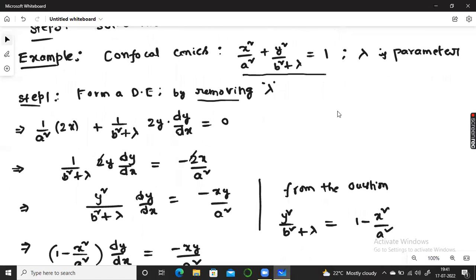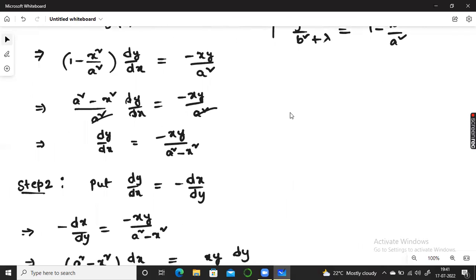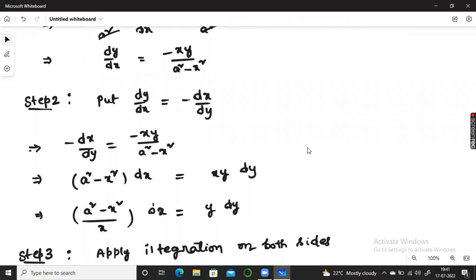In the second step, we replaced dy by dx with minus dx over dy, because dy by dx is slope m1, minus dx by dy is the other slope m2. m1 into m2 should be equal to minus 1 in order to make them perpendicular.